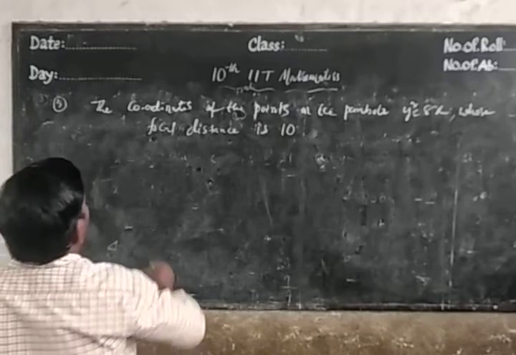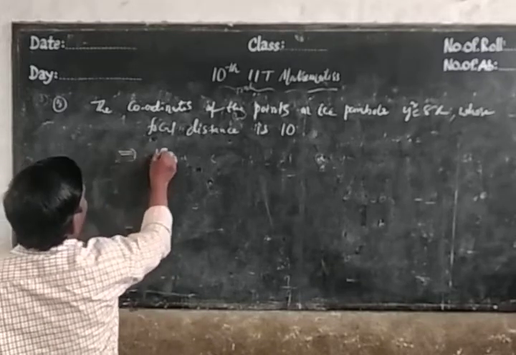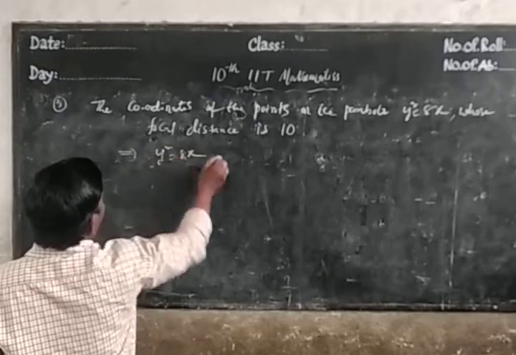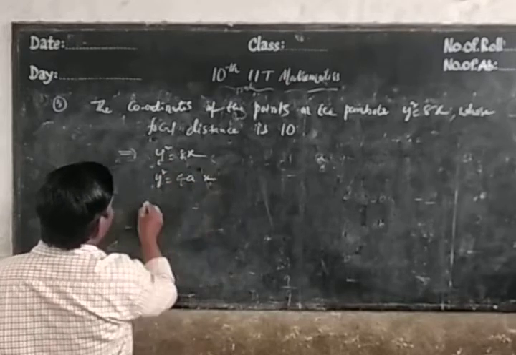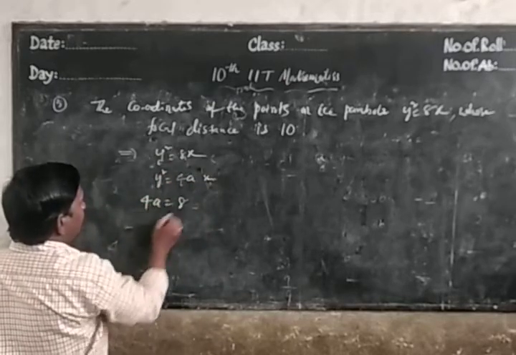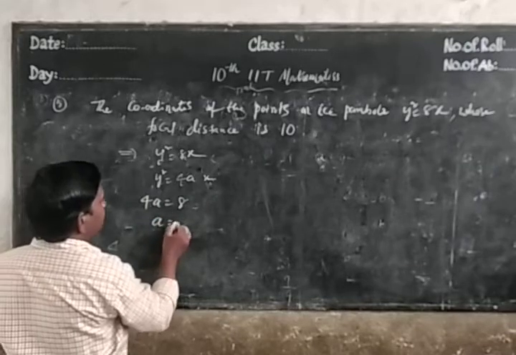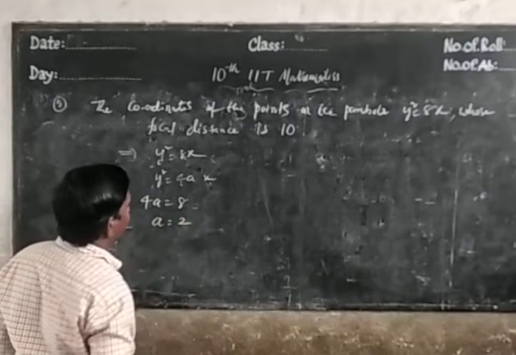Now, what is the given parabola? Y square equal to 8x. Y square equal to 4ax. That means 4a equal to 8, a equal to 2.